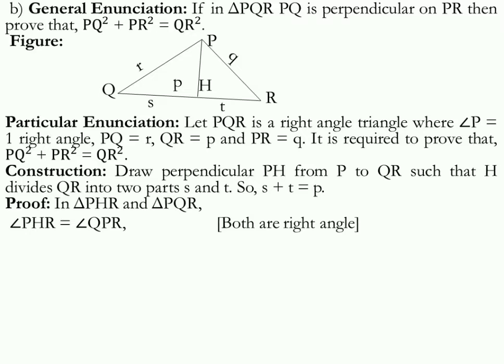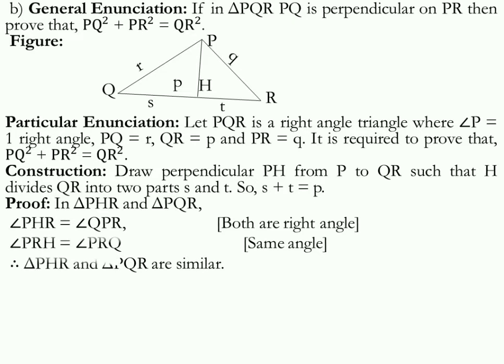The angle PHR and the angle QPR are the same because both are right angles, and the angle PRH equals angle PRQ because both are indicating the angle R. This is the angle which they are indicating.